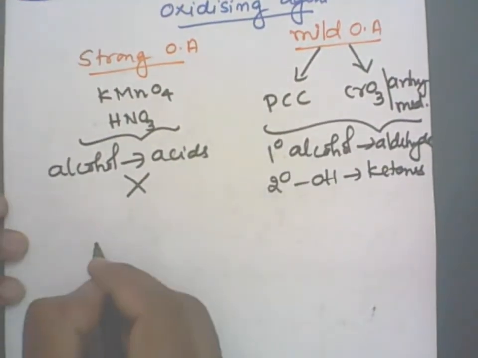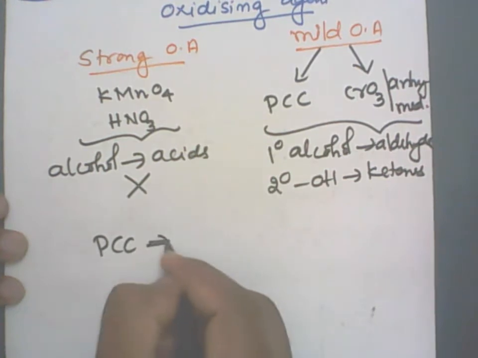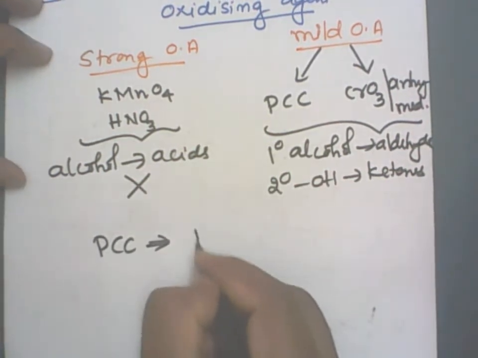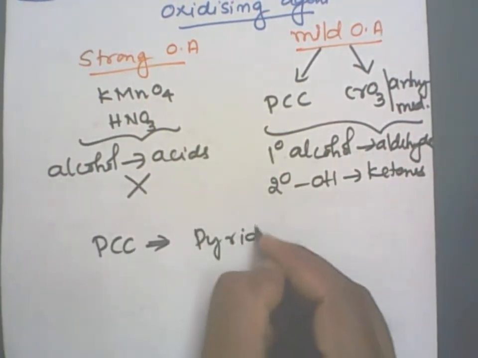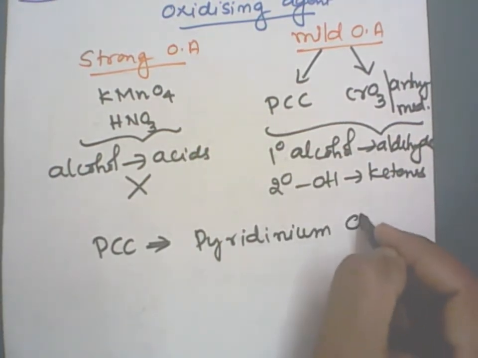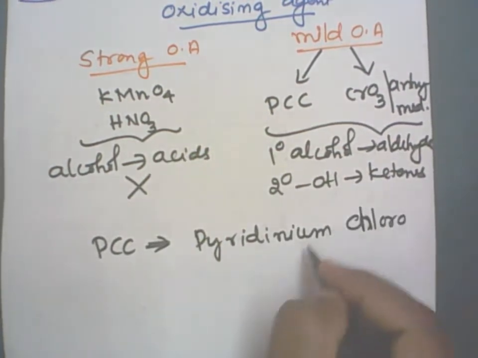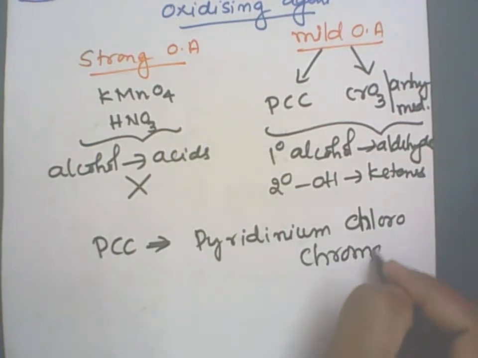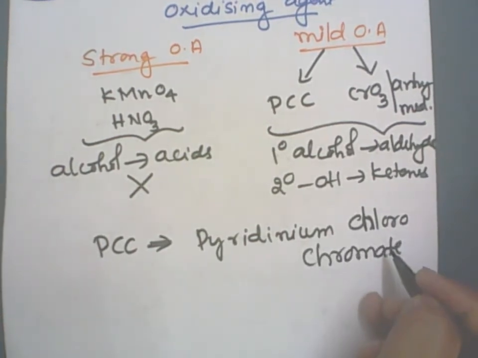Now what is the full form of PCC? PCC is pyridinium chlorochromate.